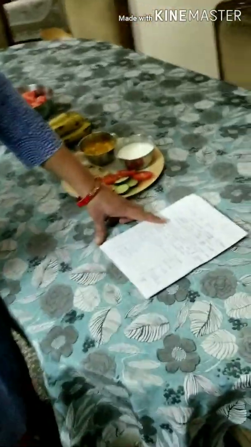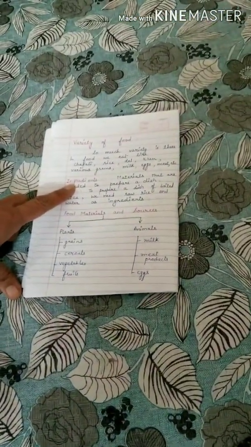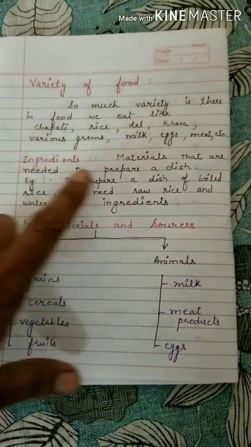Now, the next thing we have to discuss is ingredients. Materials that are needed to prepare a dish are called ingredients. These are the things we need to prepare any of our food items.